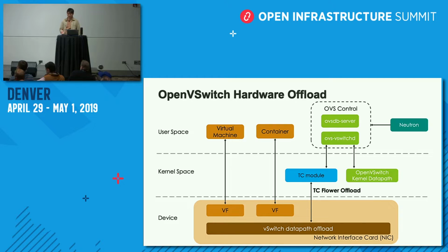Let's see how hardware offload works. In the hardware offload scenario, the Open vSwitch datapath is hopefully offloaded to the hardware network interface entirely. Compared to the Open vSwitch kernel datapath, there are several differences in the architecture.